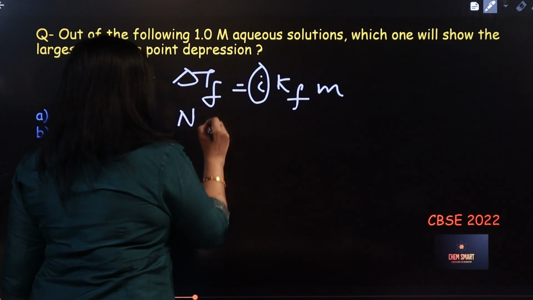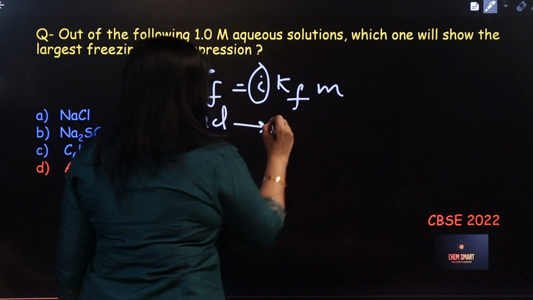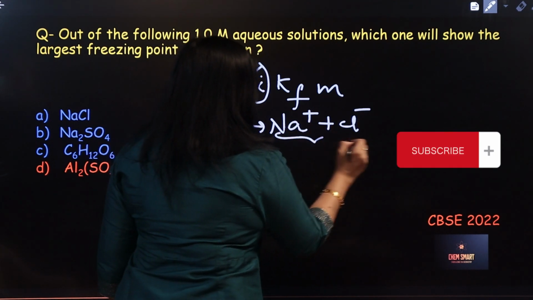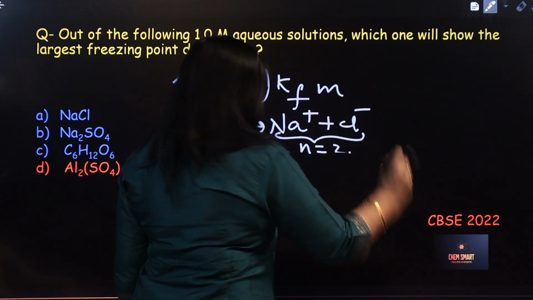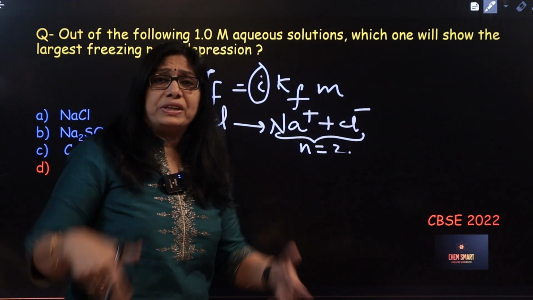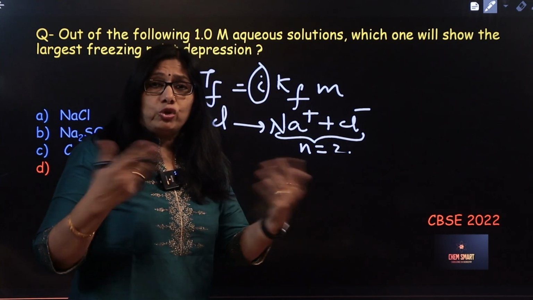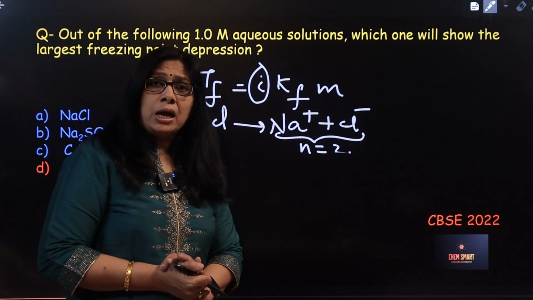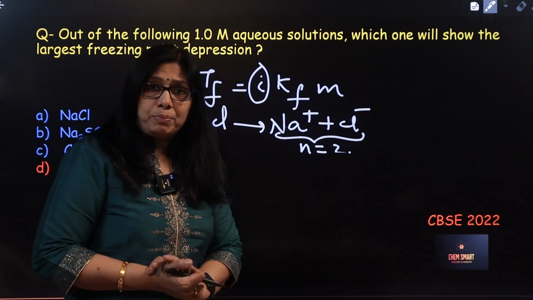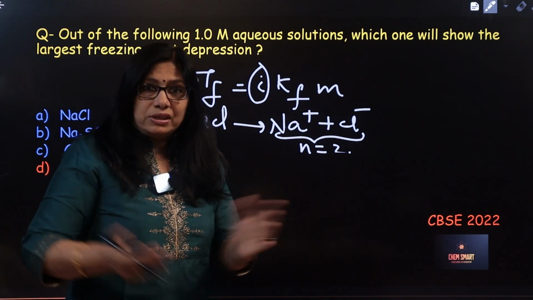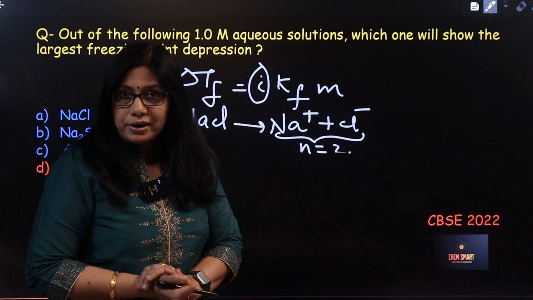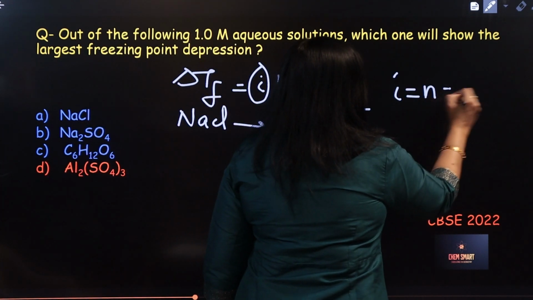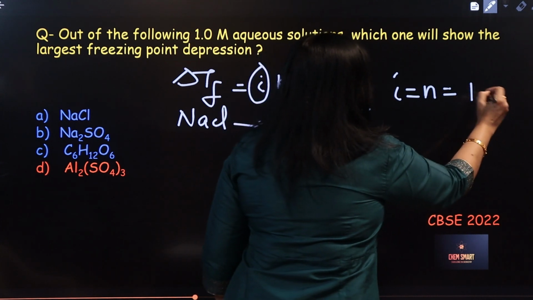So if you come to NaCl, NaCl will dissociate to form Na plus and Cl minus. Number of particles after dissociation is 2. And if it is complete dissociation, assuming complete dissociation, if not mentioned, you can assume complete dissociation, then alpha is 100%. So alpha will be 100 by 100 and I will be same as N. So that will be 1 plus 1, 2.